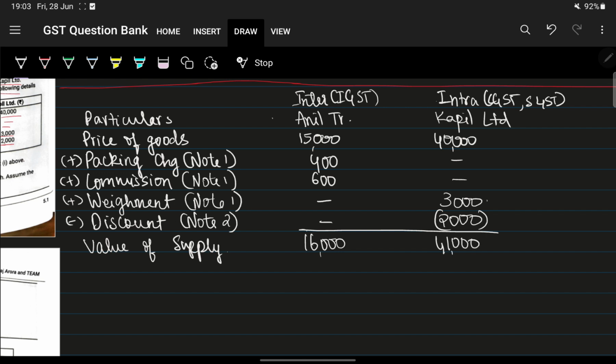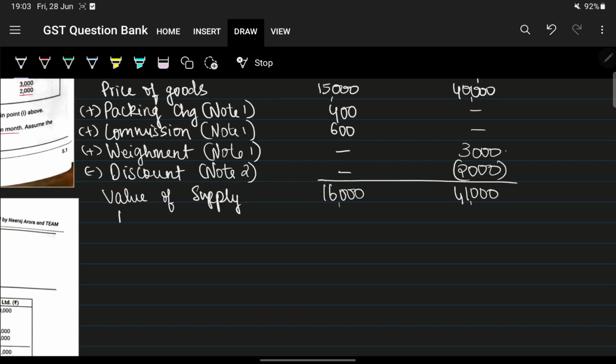Next let's put IGST, CGST, SGST. Here IGST has to come, so these will be nil. Here CGST and SGST have to come, so that will be nil. IGST of total 18%, CGST of 9% and SGST of 9%.